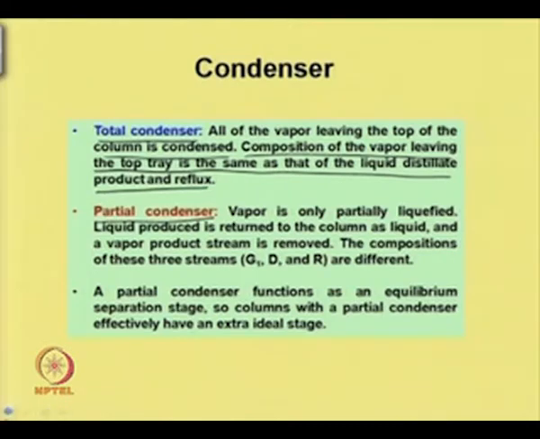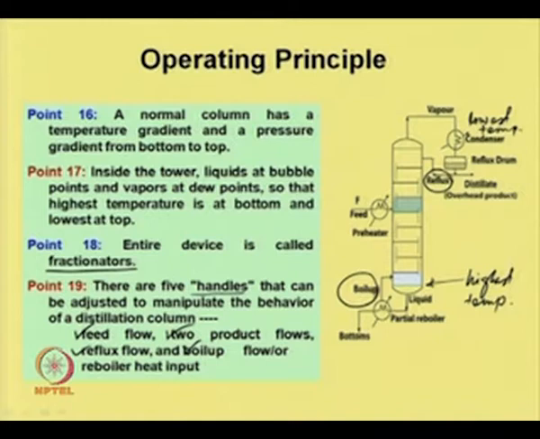So, if we look back at our column, if we use the condenser as a total condenser, all the vapor is condensed here. So, the composition of the distillate which is taken as product and the reflux which is fed back to the tower will be the same.